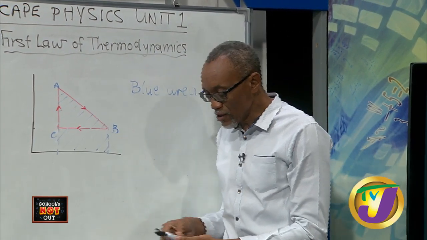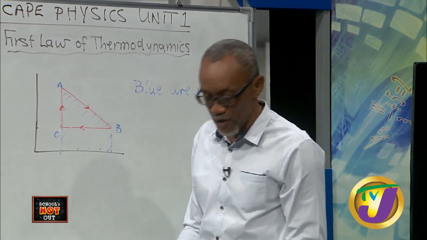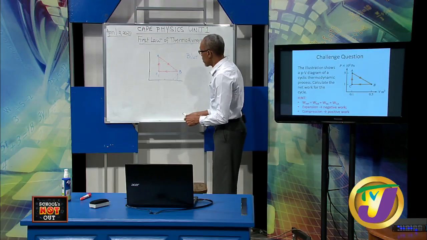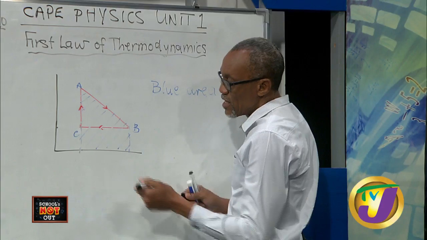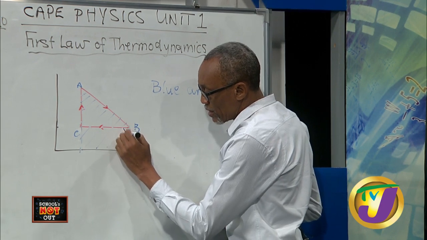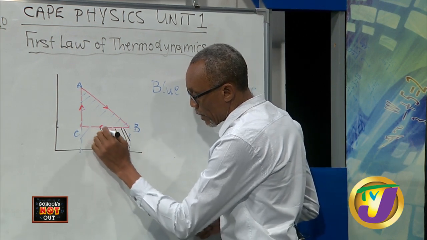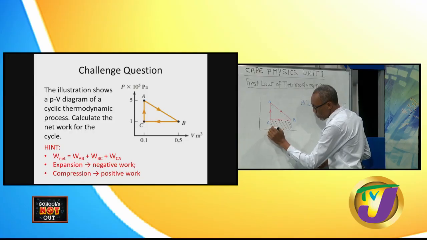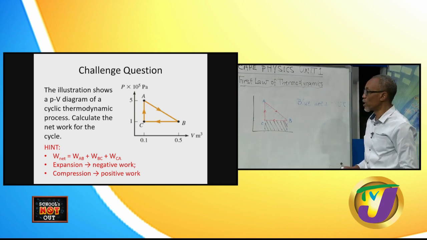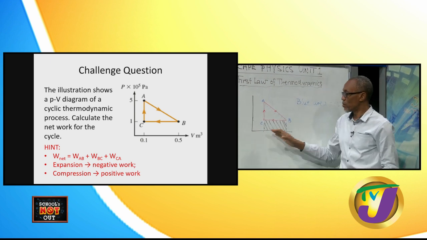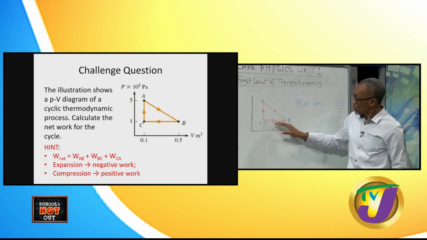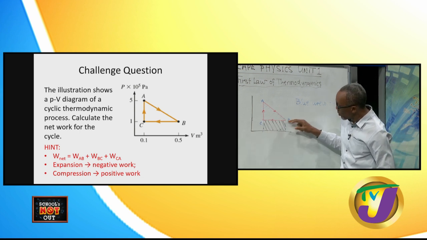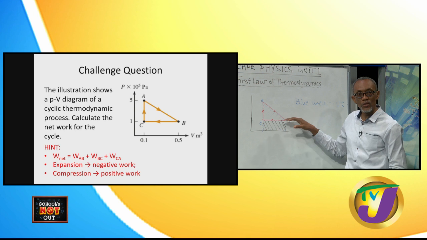Then for the next phase, I will do that in black. From B to C, the work done will be that area shaded in black. So this work here would be positive because the gas is being compressed.